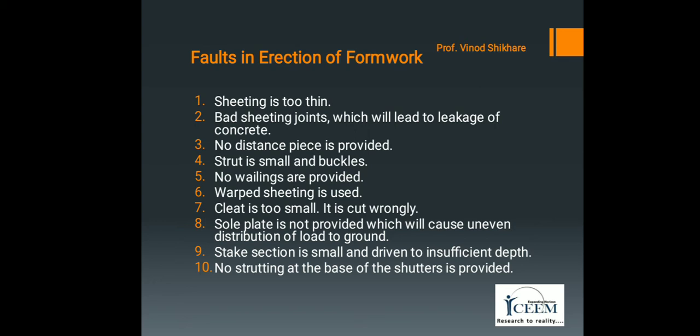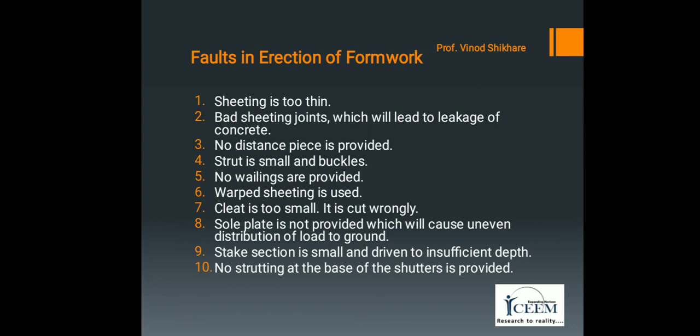Next fault is no walling and struts are provided in the formwork. Warped sheeting is used, cleat is too small, it is cut wrongly. Then sole plate is not provided which will cause uneven distribution of load to ground.